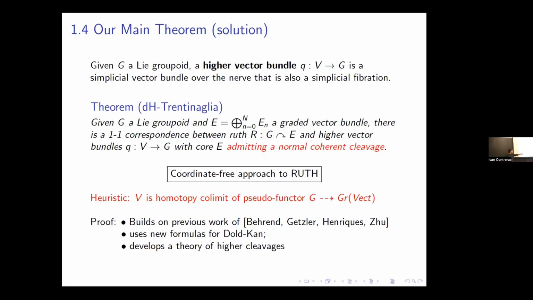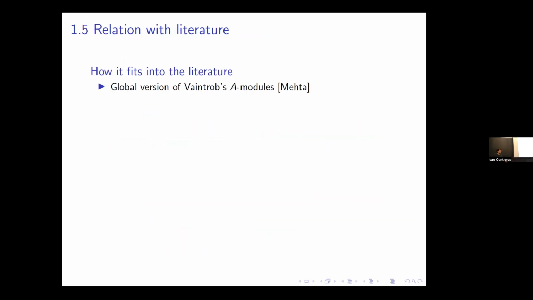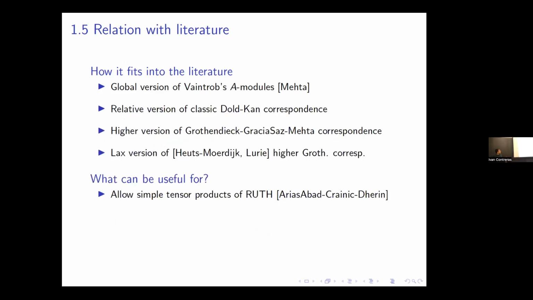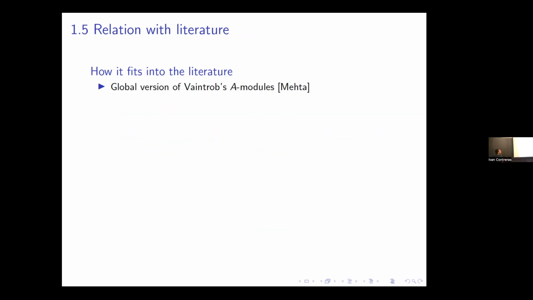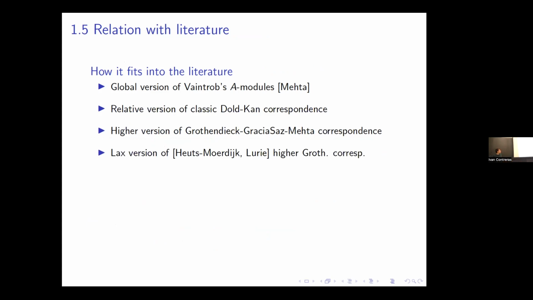This functor is taken to be strict, and this is, as you can see, quite limiting for our purpose. And so when you allow weak things, you get our result. So it can be seen as a generalization of that.